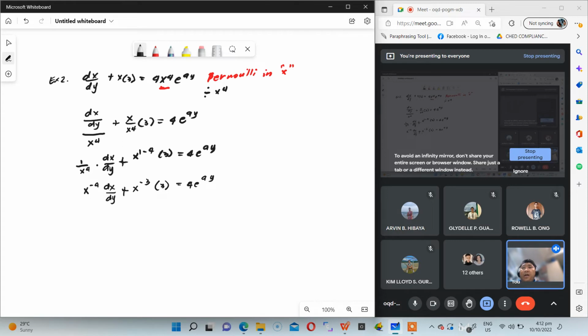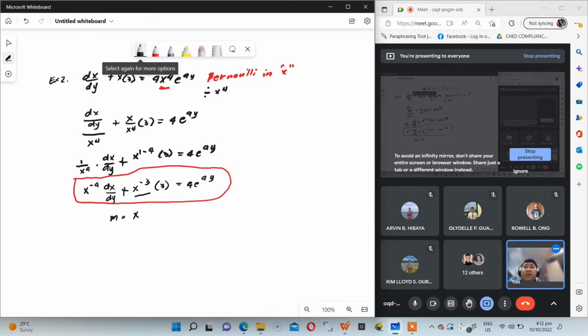So from here, this will be our m or u, or depending on u. Okay? So that is our x raised to the power of 3. So need to remember this one because later on, the first part will be substituted.